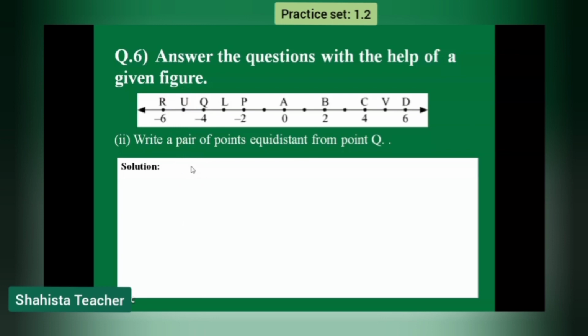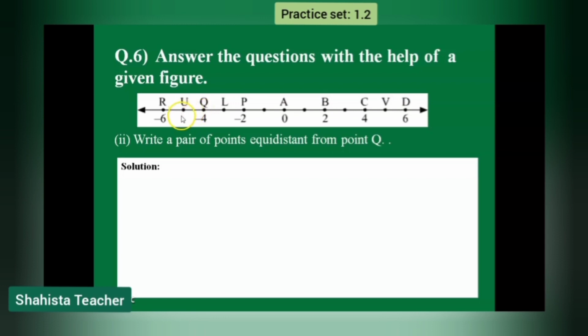Okay. So first we will write the coordinates: Q represents minus 4, R represents 6, P represents minus 2. Students, we will write one by one the coordinates. The coordinate of point Q is minus 4 and of U is minus 5.